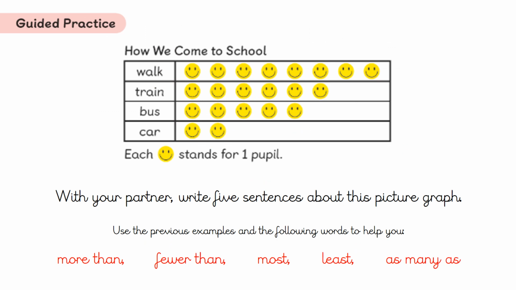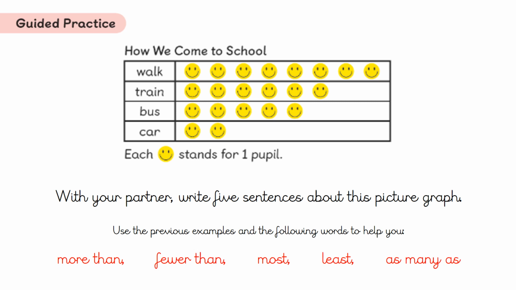Now it is time for guided practice. Here we have a different picture graph called How We Come to School, where each smiley face stands for or represents one pupil. I'd like you to look carefully at this picture graph, and with your partner, you're going to write 5 sentences about the picture graph.